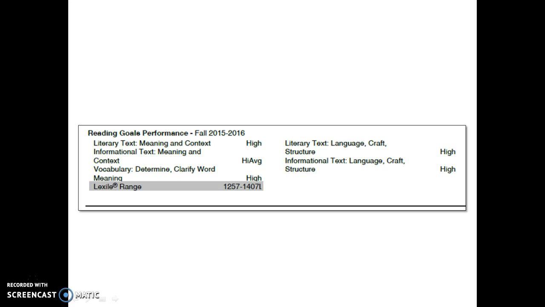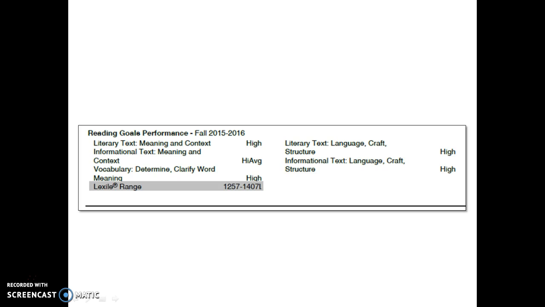You can compare the Lexile reading level from your score report to the chart that will also be included in your email. For this student, he is considered to be performing high for the meaning and context of literary text, high average for the meaning and context of informational text, high for the language, craft, and structure of both literary and informational text, and high for vocabulary.